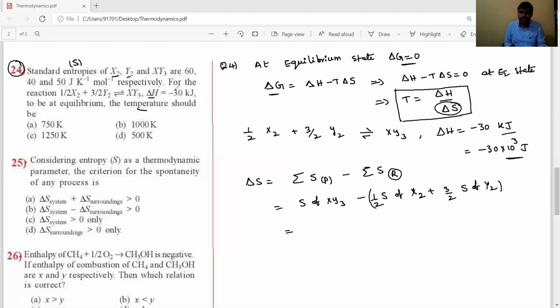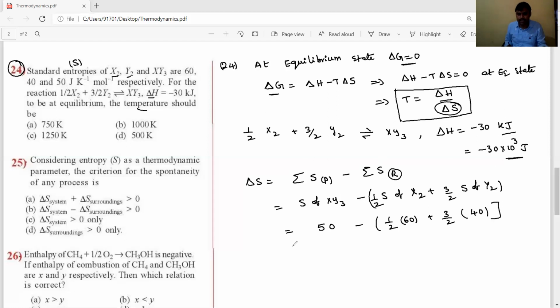So what is the entropy of X2? They gave 60, and Y2 they gave 40, and XY3 they gave 50 joules per Kelvin. So 50 minus of 1 by 2 times X2 value, which is 60, plus 3 by 2 times Y2 value, which is 40.